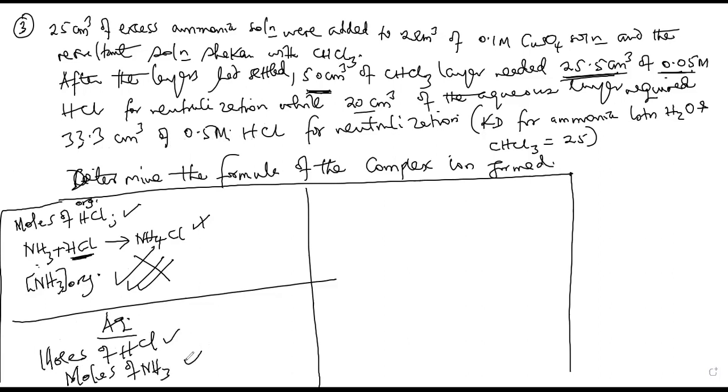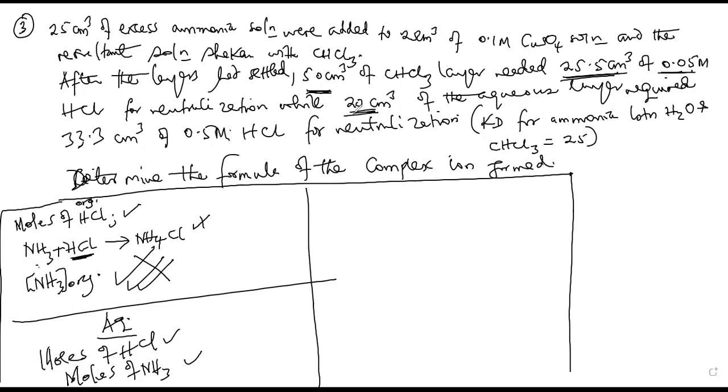So after getting moles of ammonia, now they are saying that 20 cubic centimeters of the aqueous layer. So you have the aqueous layer.